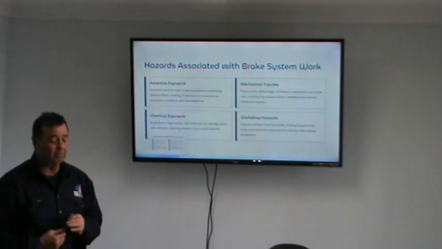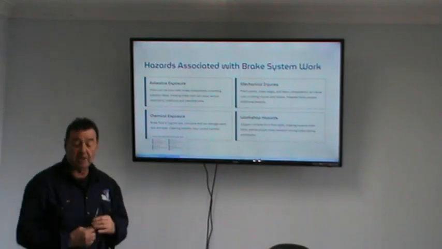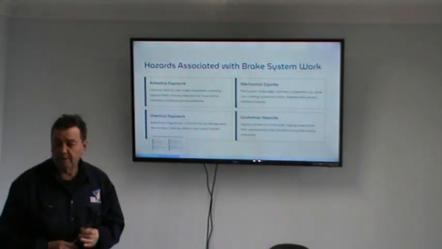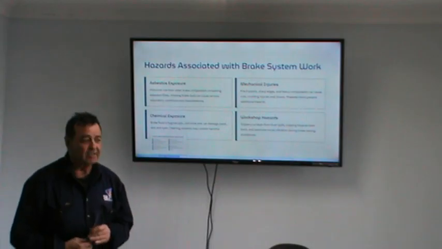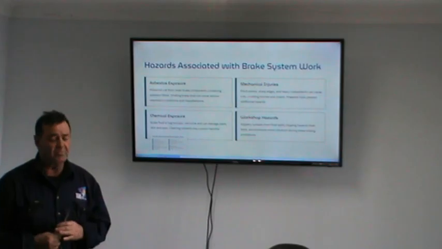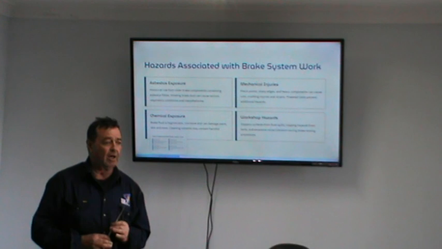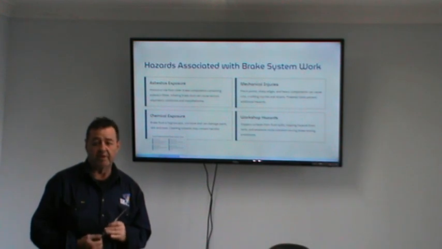Inhaling brake dust can cause serious respiratory problems and mesothelioma. I had to look at that word, make sure I said it correctly. Mesothelioma. So that is an infection of your lungs. You'll basically be on an oxygen bottle, breathing through a mask. So we're going to make sure we're very, very careful around brake dust.